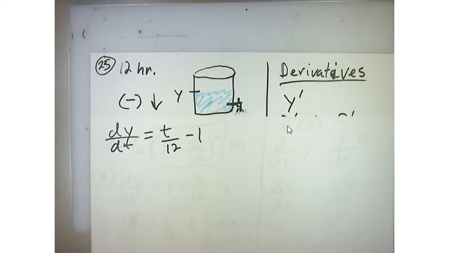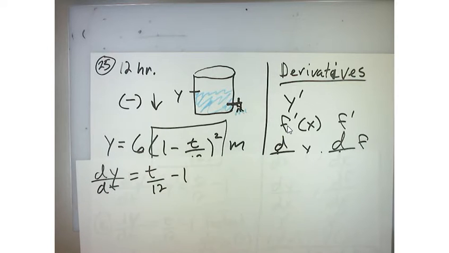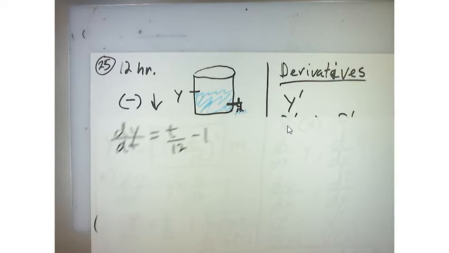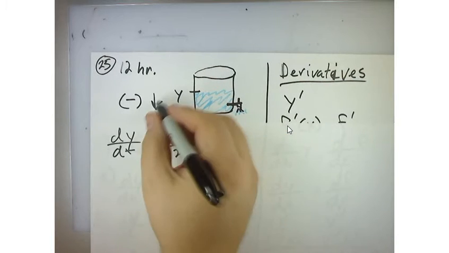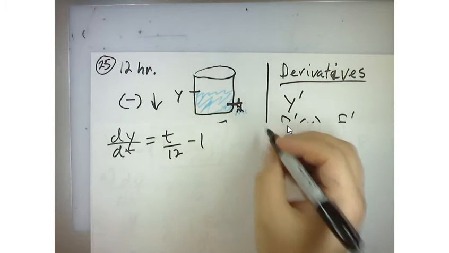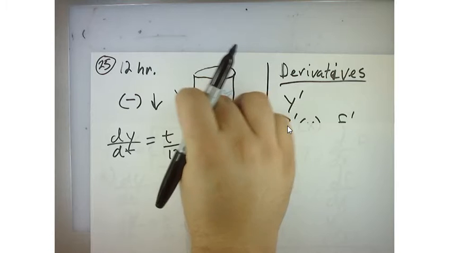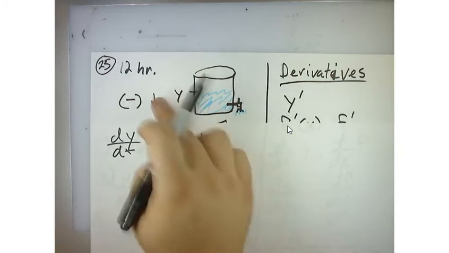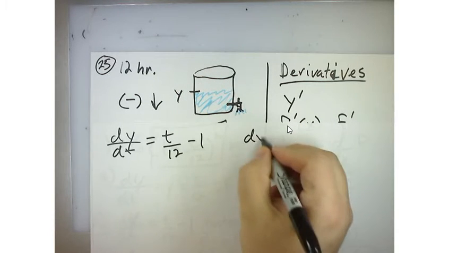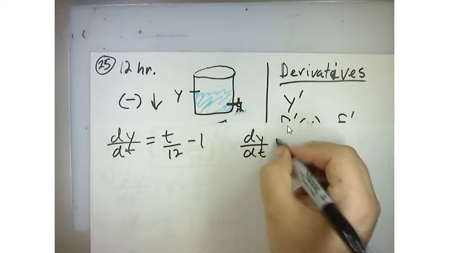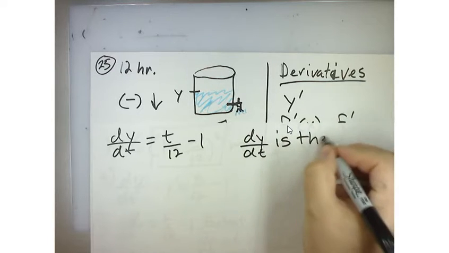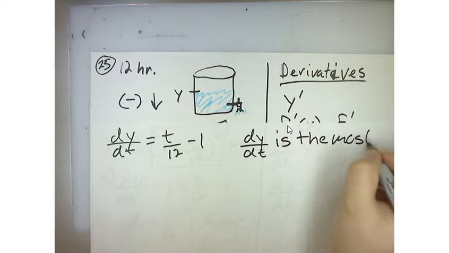If you look at this equation, we could graph it in a second, but the fluid level is falling the most when dy/dt is the most negative.